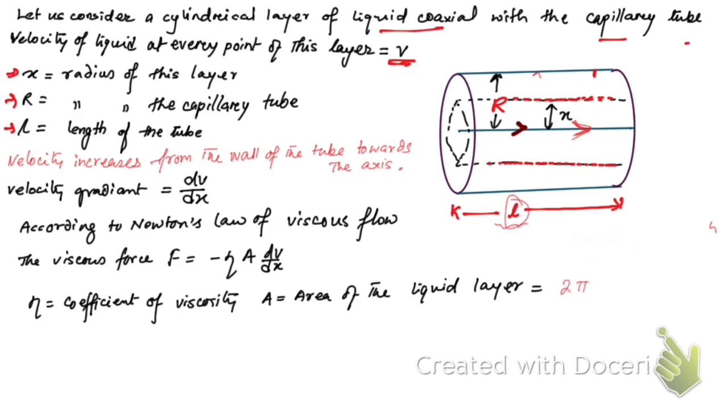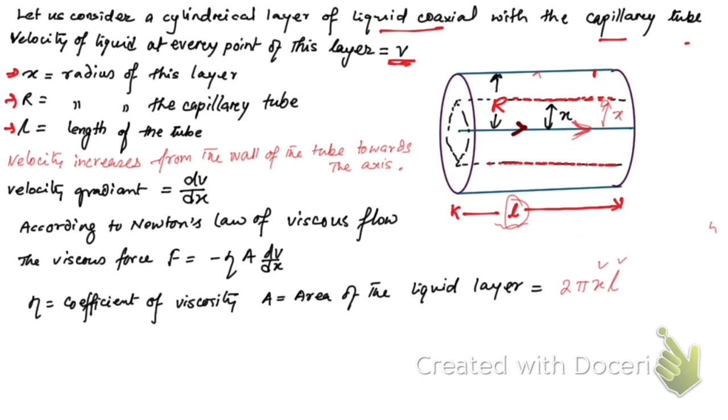The radius of this layer is x, so the area is 2 pi x L. So h is replaced by L and small r is replaced by x, right? That is the curved surface area of this cylindrical layer. Hope you have understood this.